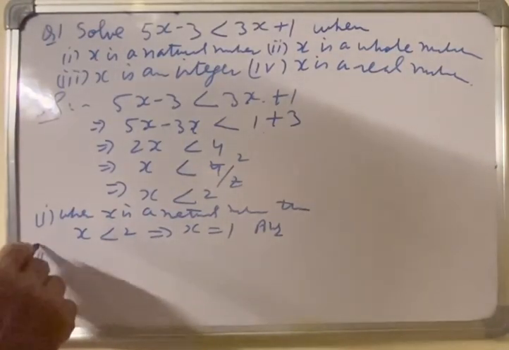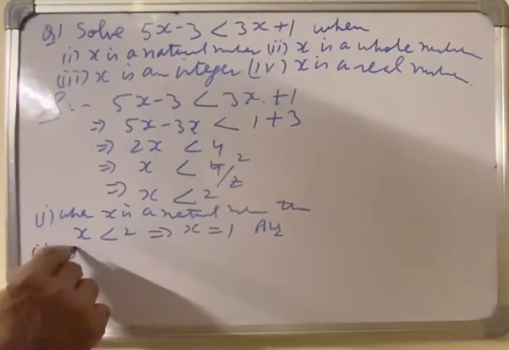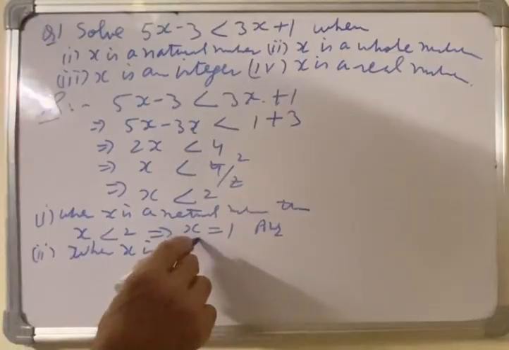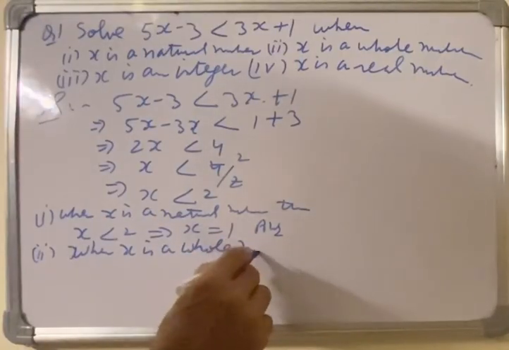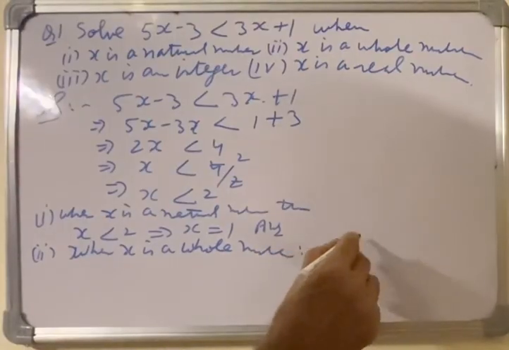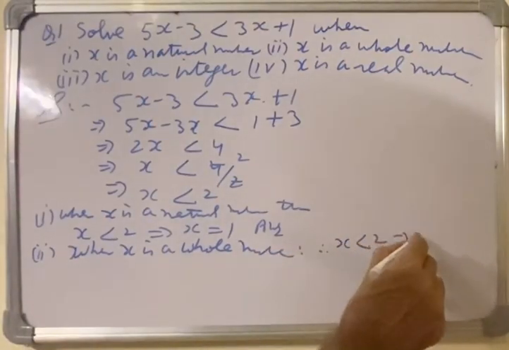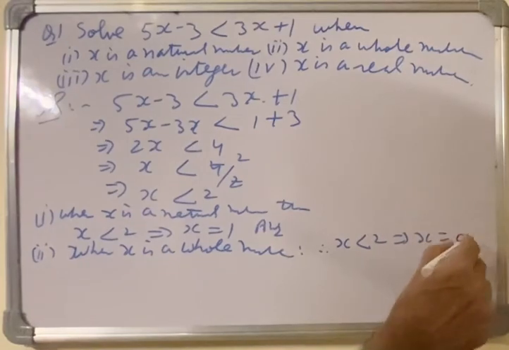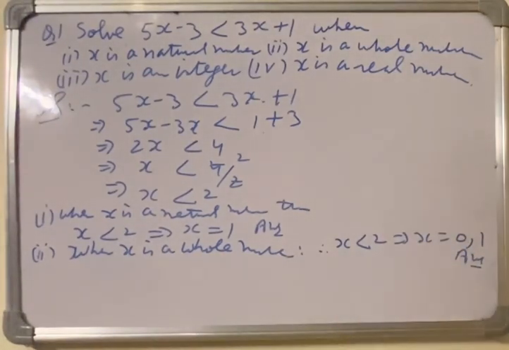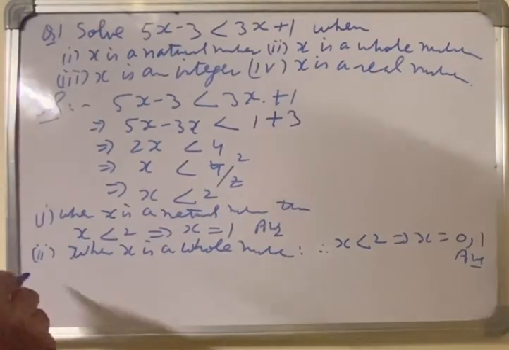Second, when x is a whole number, therefore x less than 2 implies x is equal to 0, 1, because there are only 0 and 1 whole numbers which are less than 2.